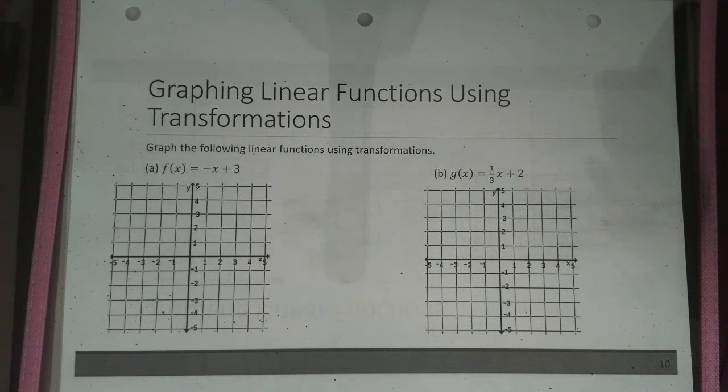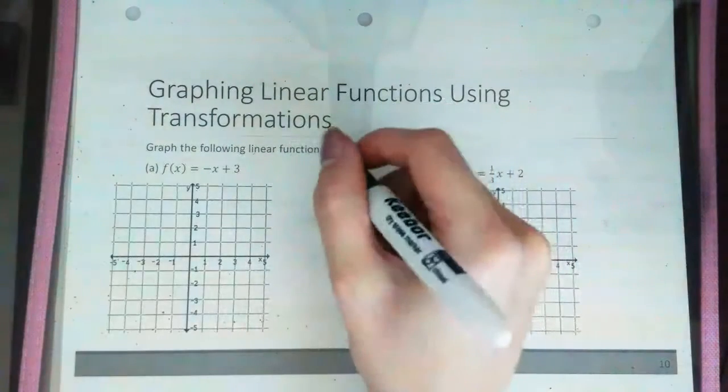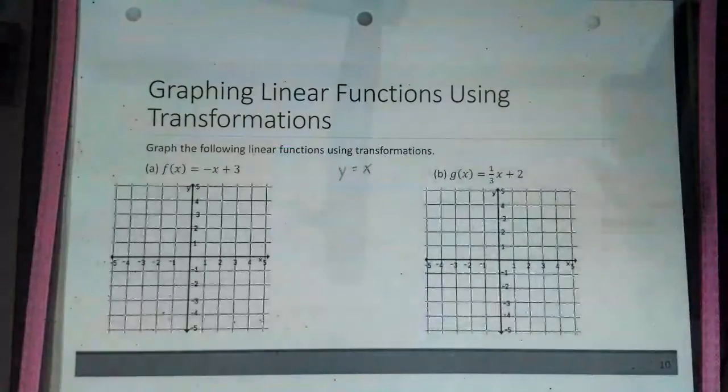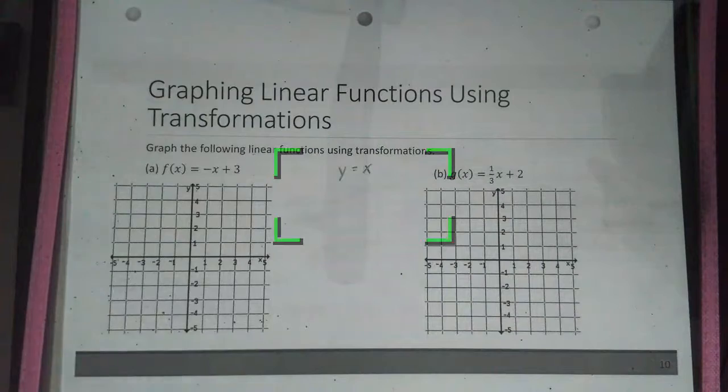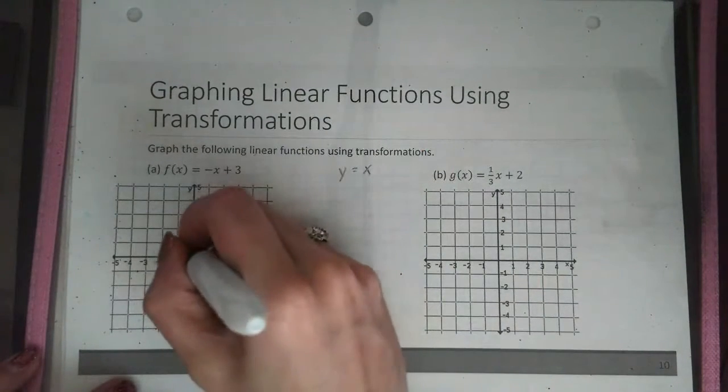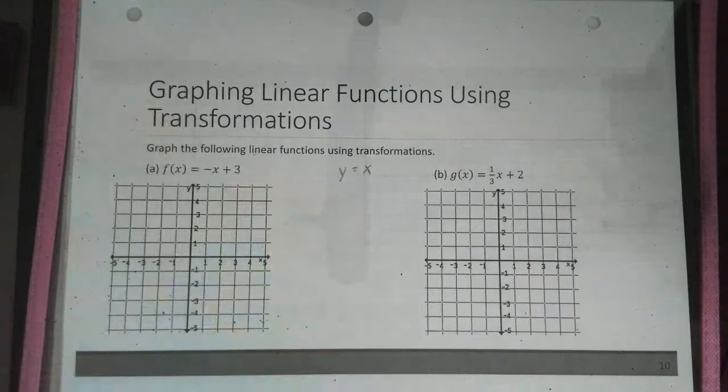So let's try graphing that way. Since we're dealing with linear functions, our parent function from our toolkit functions that we're going to be using is y equals x. That's going to be our base function that we start with. That function I'll graph on both of our graphs, and then we can transform it from there.